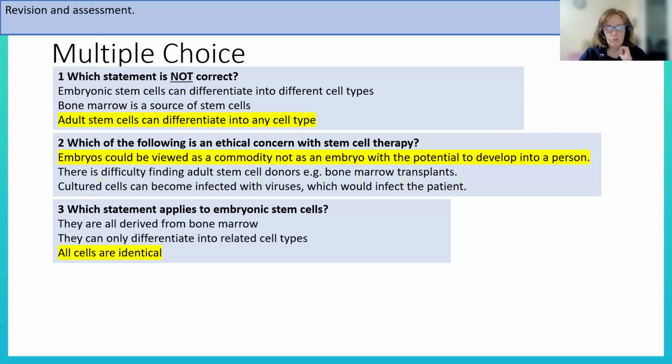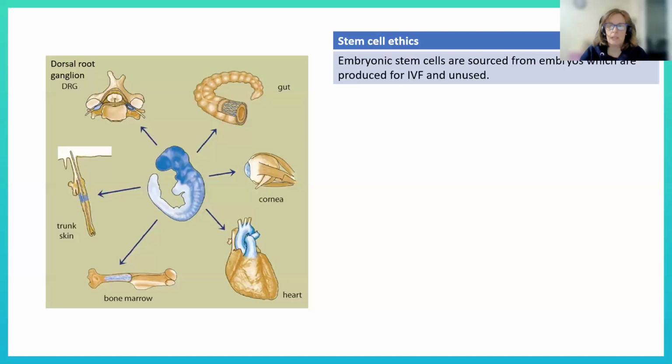It's very difficult to legislate and to navigate morally and ethically. So which statement applies to embryonic stem cells? Well, they are all genetically identical when they're from the same person. So let's have a look at some of this ethics for embryonic stem cells.